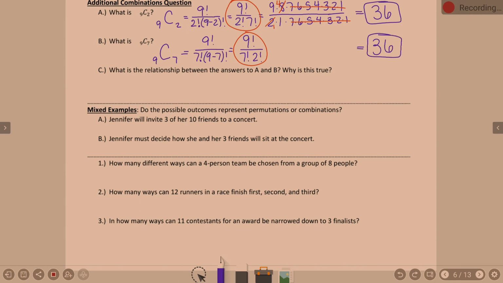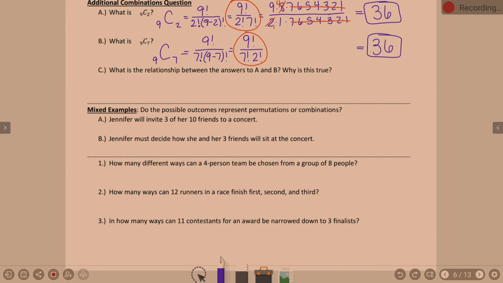36. Okay. Now, C is where we tie this together. What is the relationship between the answers to A and B? They're the same. State the obvious for me, thank you. Now, why? Because it's the same combination.